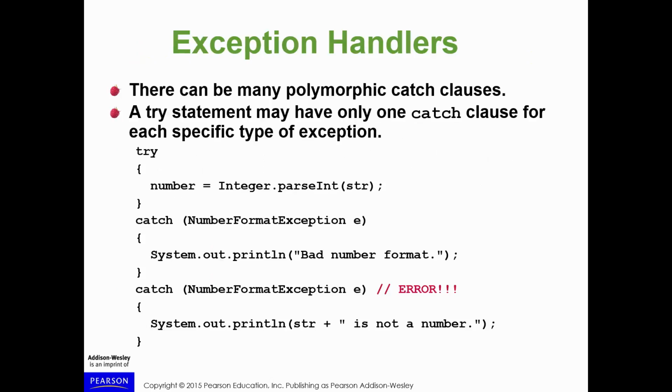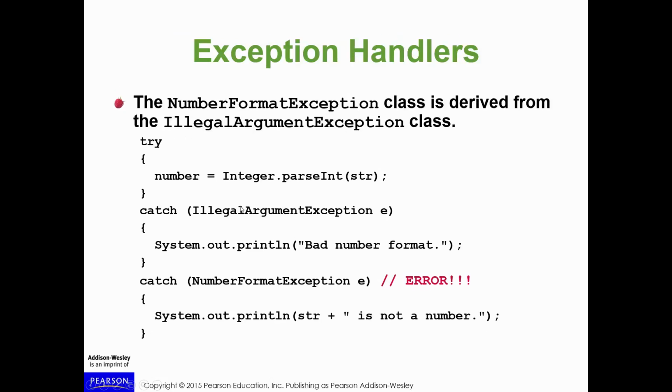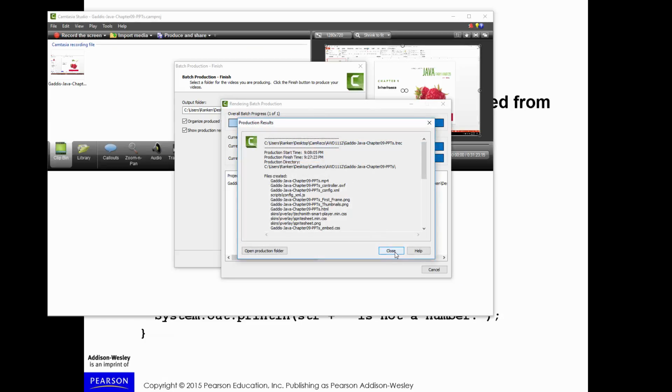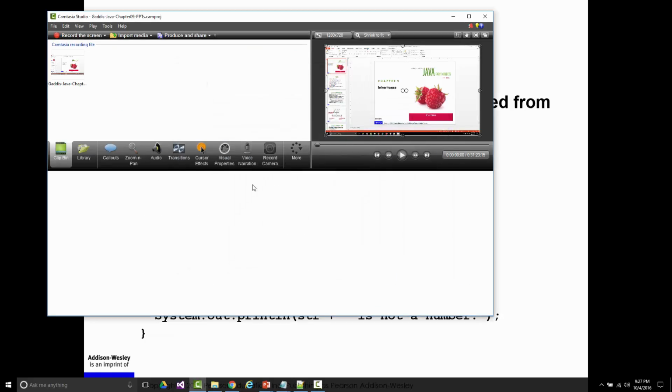Now, if you look right here, this would be an error because we have the same thing, NumberFormatException, in here twice. You can't do that. You can only list exceptions once.